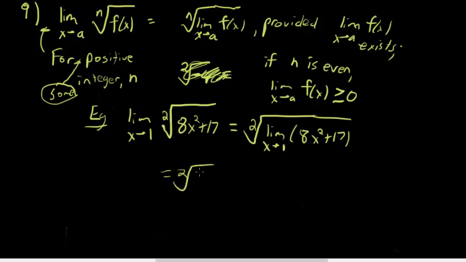So we have the square root of 25, and that's 5. It's not plus or minus 5 because, remember, by convention square roots are positive. Even though negative 5 squared is 25, the square root of 25 is only positive 5. So this property here allowed us to find the limit of what's inside and then take the square root.